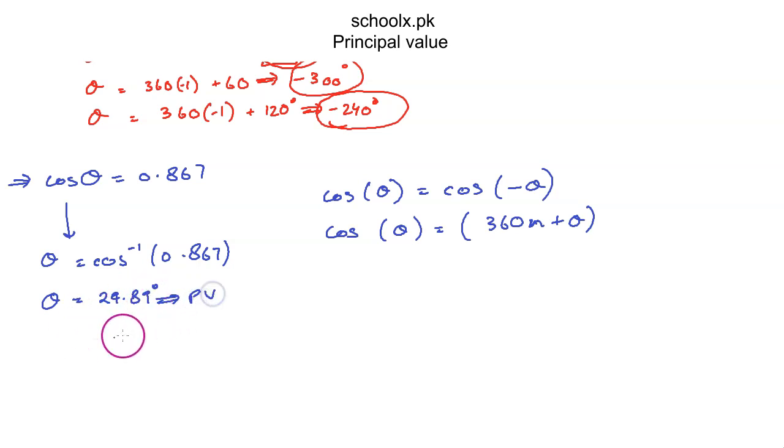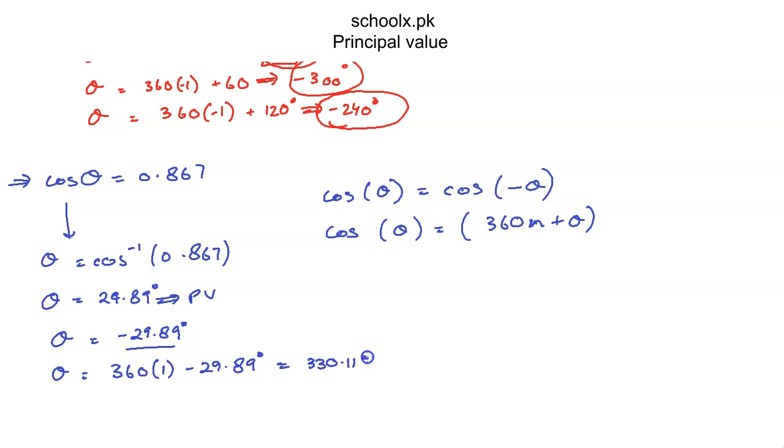Now finding the other values of theta. According to this, theta can also be negative 29.89 degrees. If I do cos of negative 29.89 degrees, I'll get the same answer, which is 0.867. Now the other value of theta: if I take n as 1, 360 minus 29.89 degrees, I'll get 330.11 degrees.